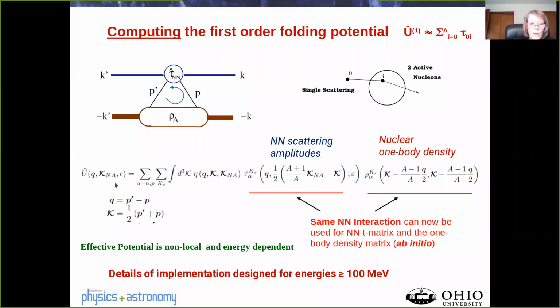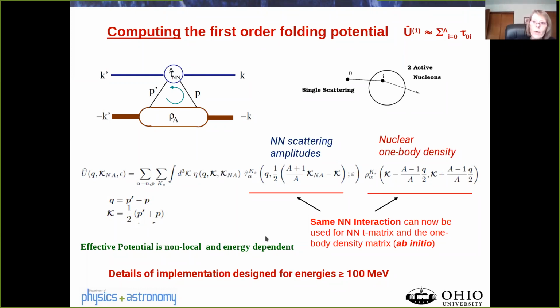It depends on two momentum variables, and it depends on the energy. And this is the energy epsilon of the T matrix plus some additions, because as you see, this is really a fully off-shell integral where conditions of the density as well as the T matrix enter. The current implementation is designed for energies above 100 MeV.